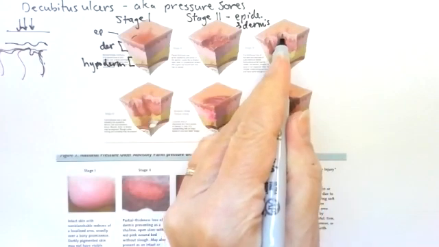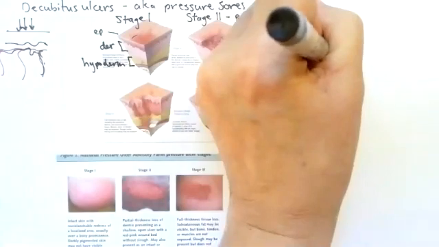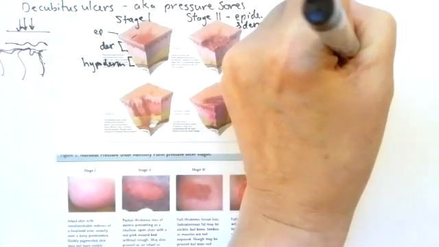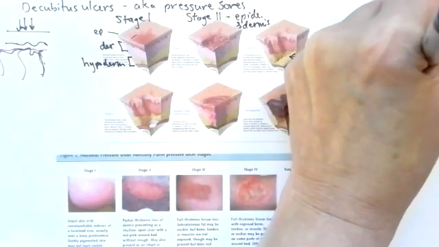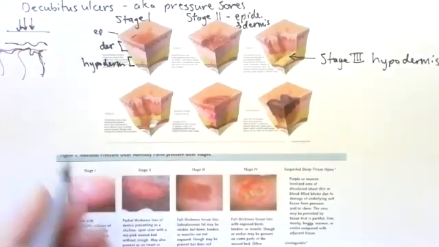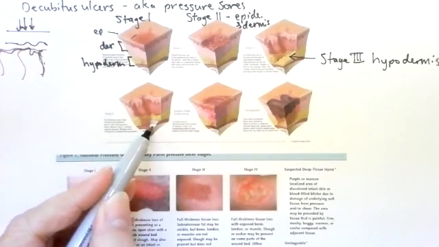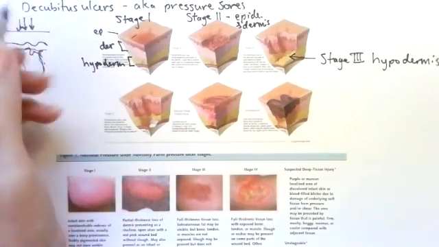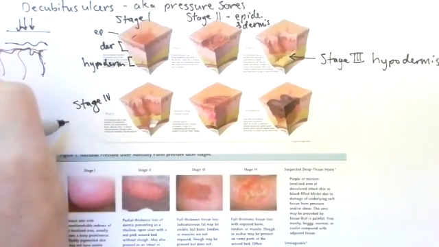The wound has progressed through the epidermis, all the way through the dermis, and now we're down to the hypodermis. Stage 4, we are down into, you can see bone and muscle. So stage 4 is bone and muscle.